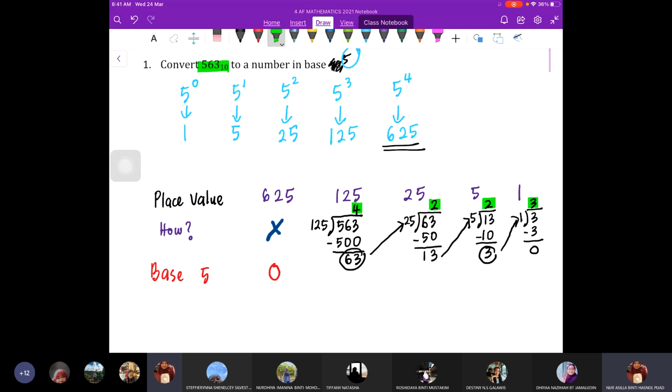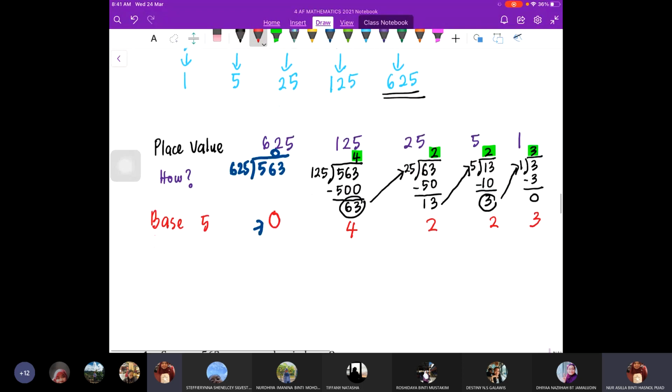Sebab itu, apa yang tak ada jalan kerja ni is what we mean here is kerana 563, you tak boleh nak divide dengan 625. It does not make sense. So bila you divide macam ni, you akan dapat kosong. That's why base 5 dia adalah 0. So jadi base 5 will start with 0 and then 4, 2, 2, 3.